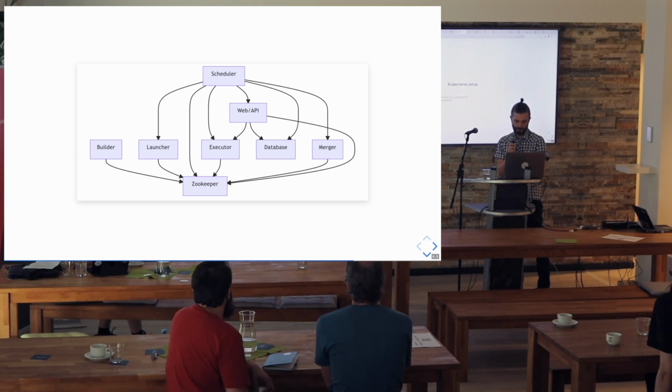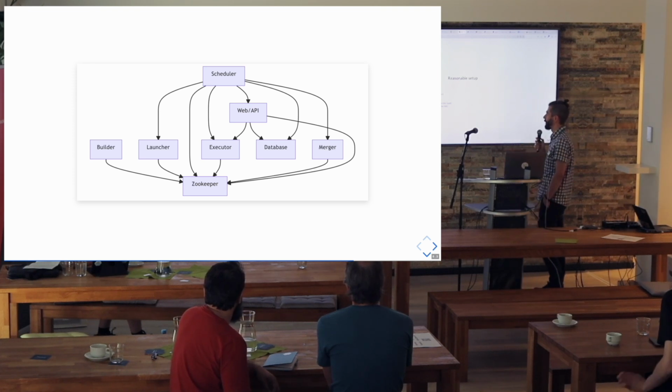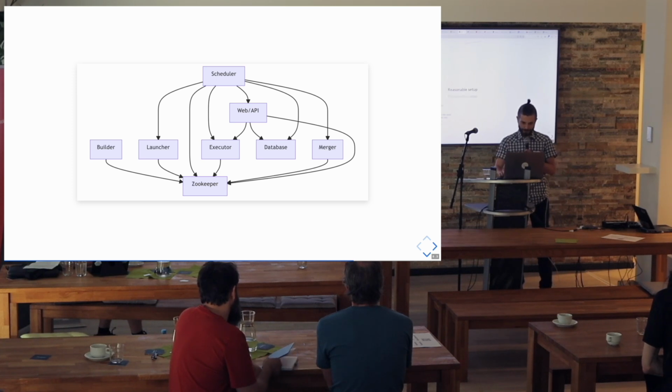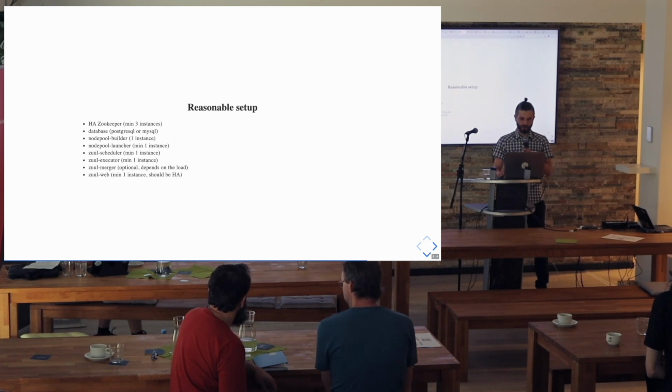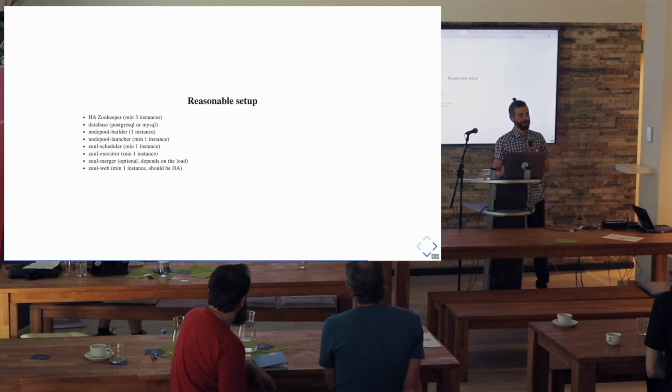Okay, a reasonable setup. So basically one of the central components, as was shown above in the previous diagram, here it is, Zookeeper, which is used as a distributed configuration system to basically unify communication between all of the components. Therefore, this component is hugely intolerant of outages, let's say it like that.